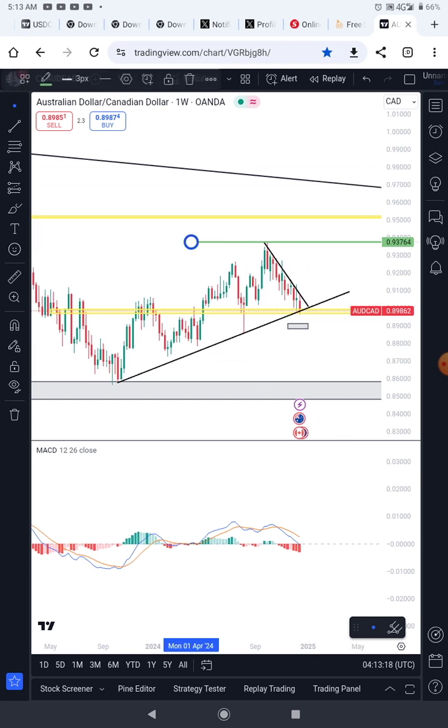But we came to this area and stalled. So to me, I have some factors that are pointing this thing upward.